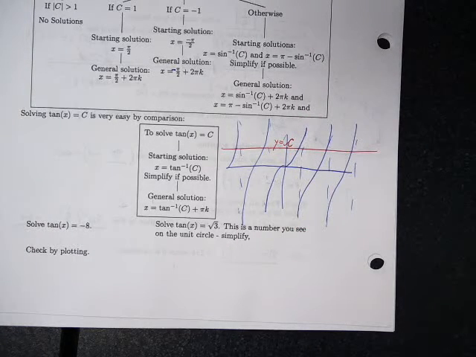No matter where that red line is, is there at least one solution to that equation? Yeah, that red line definitely crosses the blue curve. And it looks like as soon as you find one solution, then you can shift by pi's to get all of the solutions, because tangent is pi periodic. And so if you want to write down all the solutions, well, get your seed solution, inverse tangent of c, simplify as possible, and then add pi k.